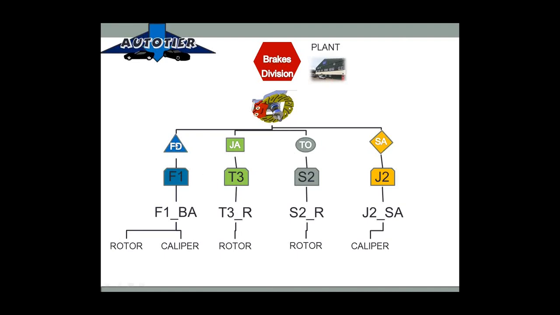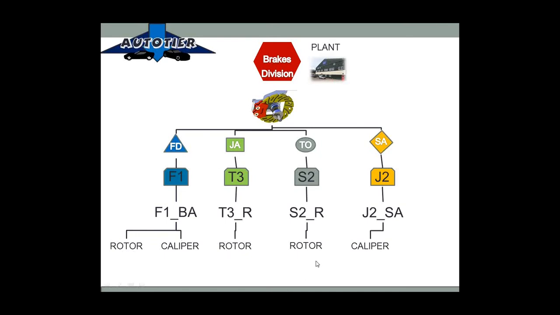For each of these customers, FD, JA, TO, and SA, we are supporting 4 corresponding programs: F1, T3, S2, and J2. And for each of these programs, we're building sub-assemblies: F1BA, T3R, S2R, and J2SA. And for each of these sub-assemblies, there are parts that are made. Sometimes it's just a single part. Sometimes it's an assembly that's going together with a rotor and a caliper.